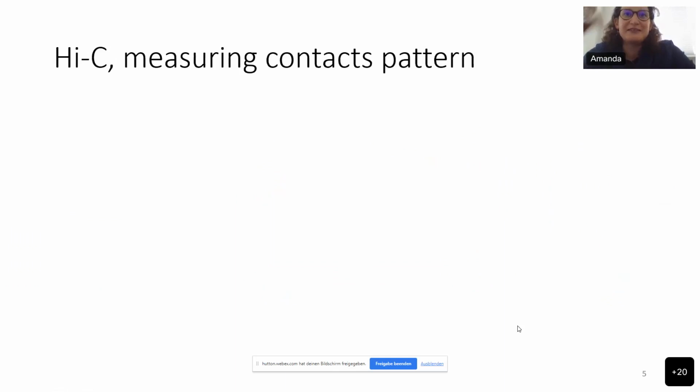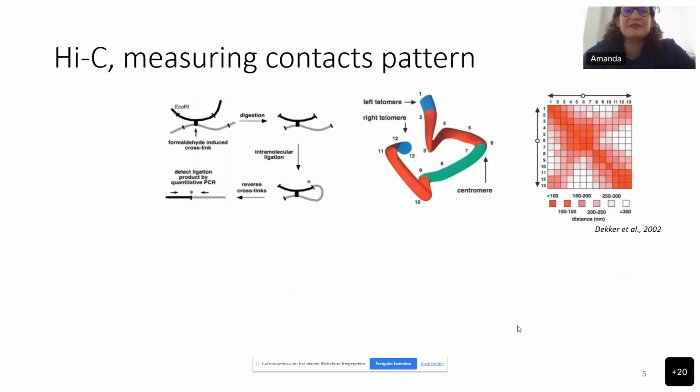Now starting by explaining the Hi-C technique that was our starting point in this research. Maybe it's already a very common technique for you, but I'll quickly explain because it's important to understand how we infer from this that it's a helix.